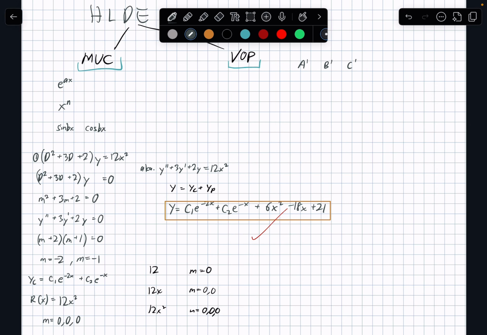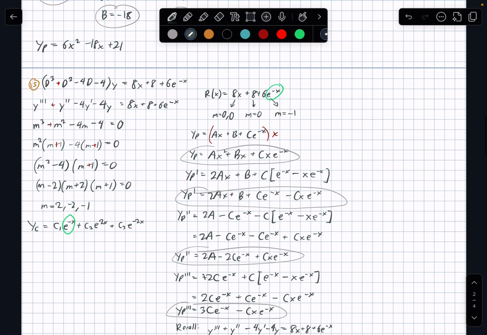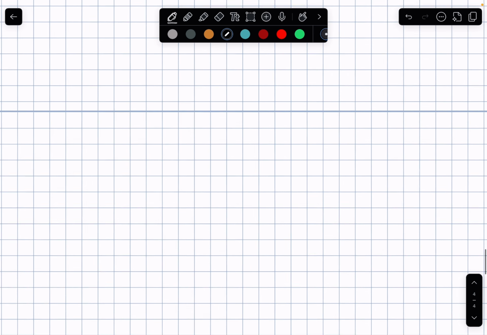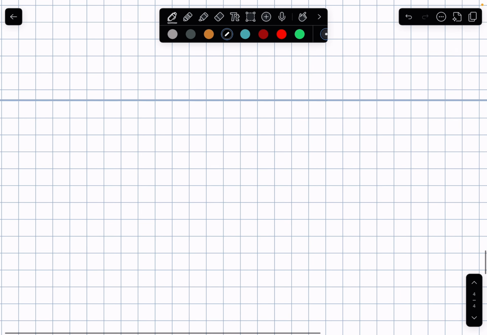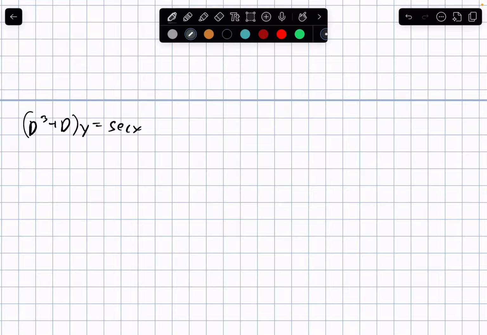Actually, let's try solving a few problems on VOP. I still have a little more energy in me. I'll target answering a few, maybe 3 problems too. 1 to 3 problems. So D raised to 3 plus D y is equal to secant x.